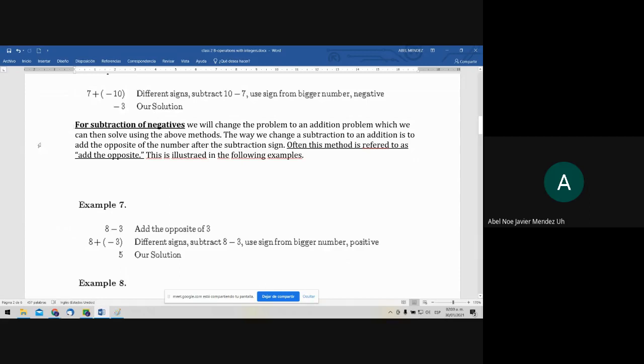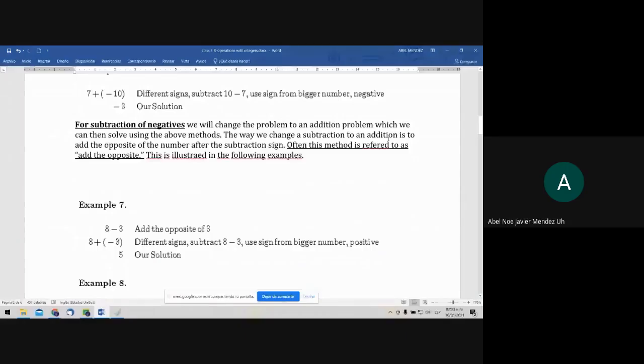Okay, this is important. The way we change subtraction to an addition is to add the opposite of the number after the subtraction sign. Okay, often this method is referred to as add the opposite.